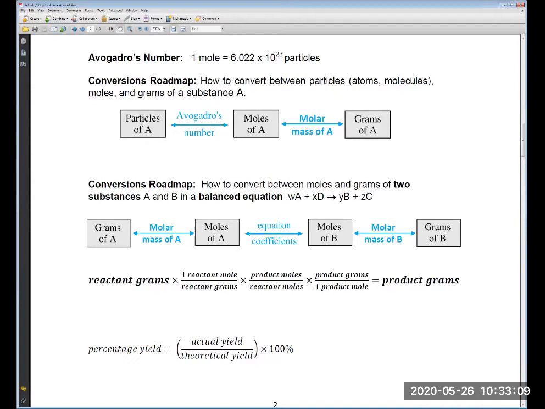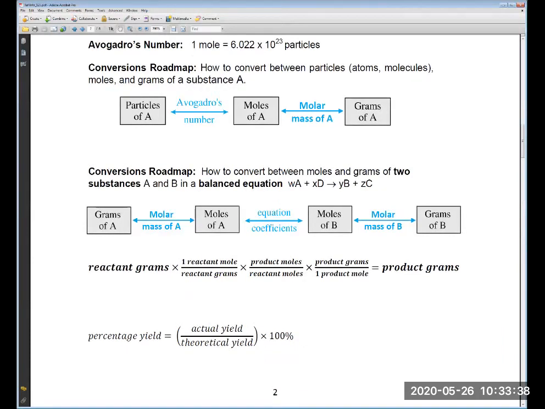The coefficients to balance the equation. And so let's say the question of a text, for example, is talking about substance A and B. A is a reactant, B is a product in this case, but it doesn't matter, right? It could be involving two reactants or two products. It doesn't really matter.